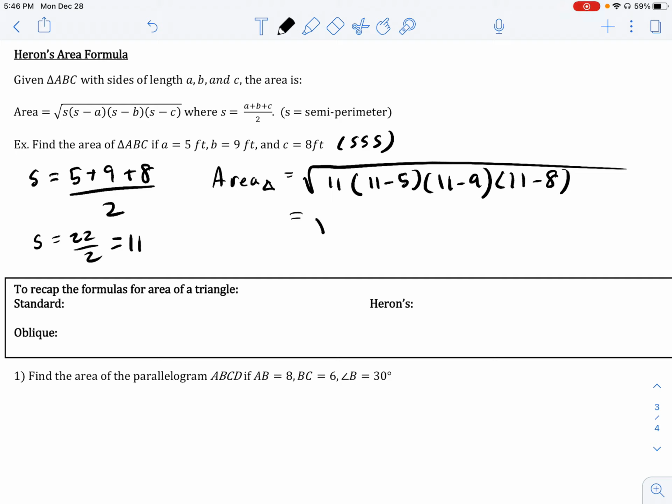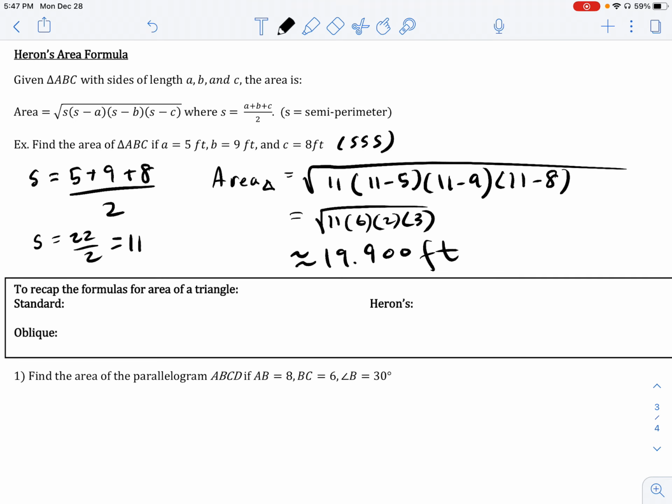And then from there, it's just the square root of 11 times 6 times 2 times 3, and you would get approximately 19.900 feet once you put that into your calculator. So that's all there is to finding the area of a triangle using Heron's formula. It is fantastic for SSS cases.